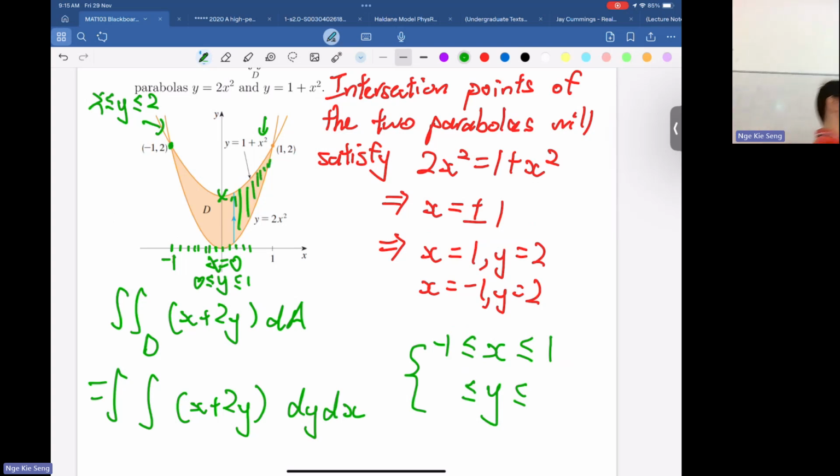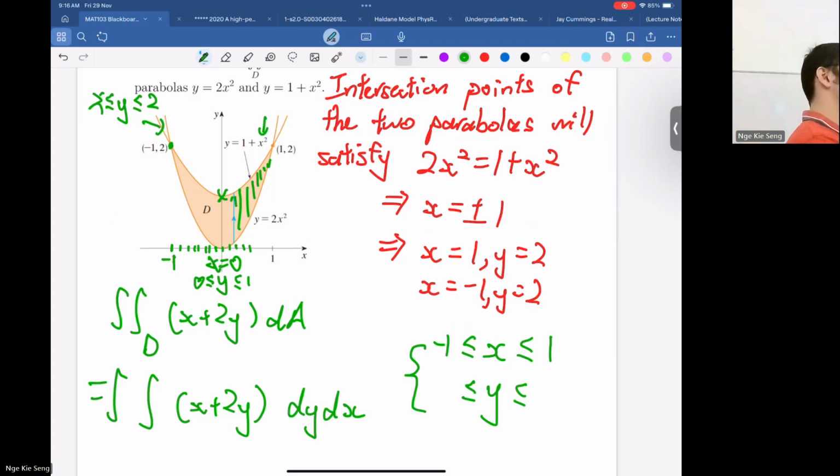So how do you describe all these intervals? Do you have a way to describe the changes of these intervals here? Can you make your y depend on x?